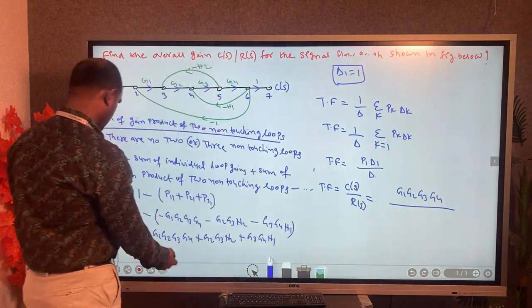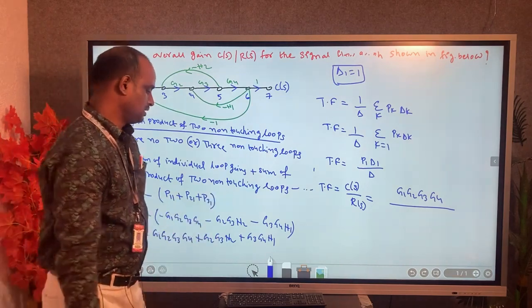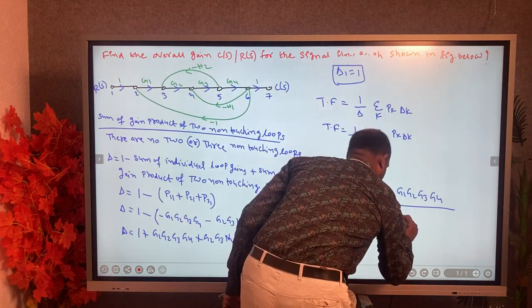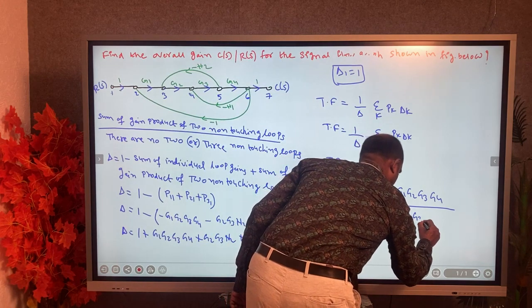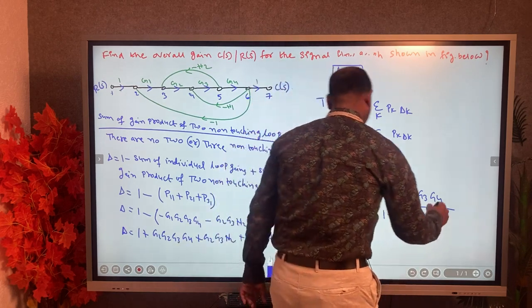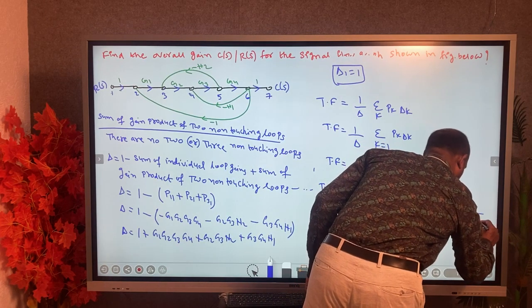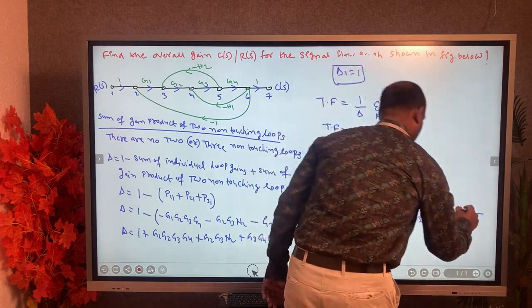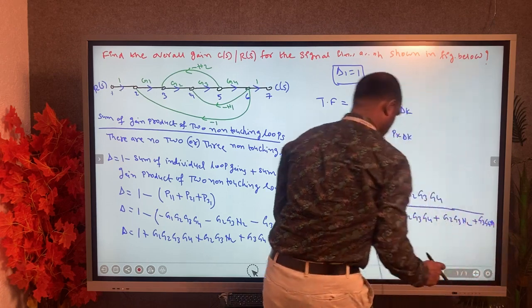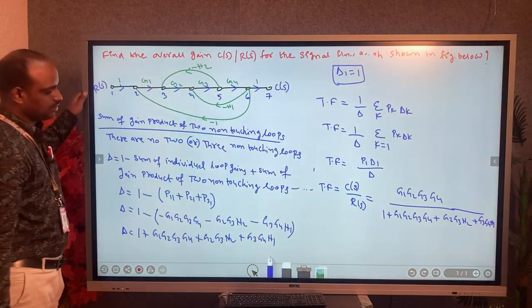Delta is 1 plus G1 G2 G3 G4 plus G2 G3 H2 plus G3 G4 H1. So this is the transfer function for the given signal flow graph.